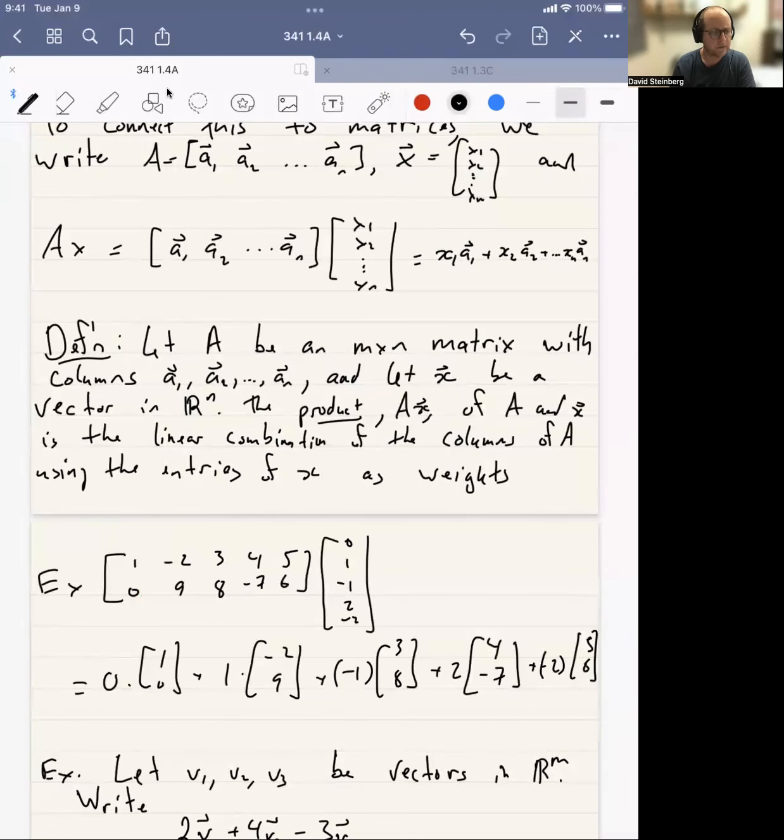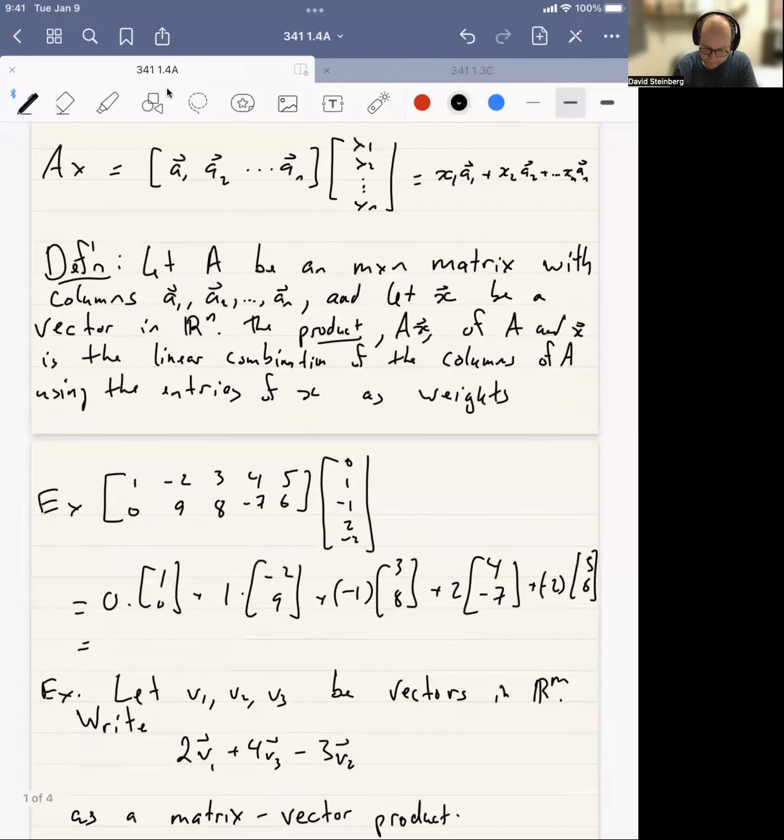We are, as always, rapidly running out of space. But what'll just happen is we're going to get no contribution from this first term, 0 times whatever. We're going to get a -2, 1 times -2, -1 times 3, so we're going to get -2 minus 3. Here we're going to get a +8. Here we're going to get a -10. So -2 minus 3 plus 8 minus 10.